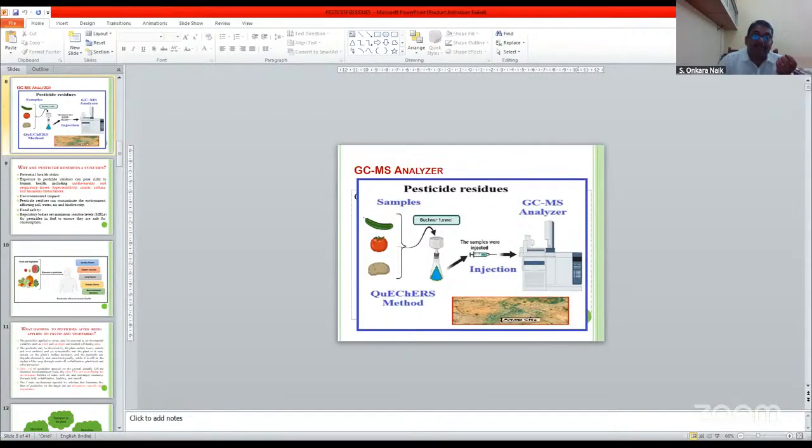Labor availability is not there, so they will be pouring lots of weedicide. In the majority of cases, wherever they cannot do manual practices, they use synthetic chemicals. There the pesticide usage is huge, and the residue will also be very high.